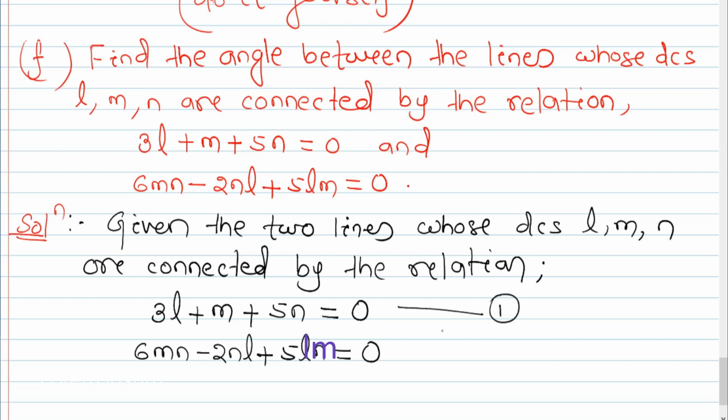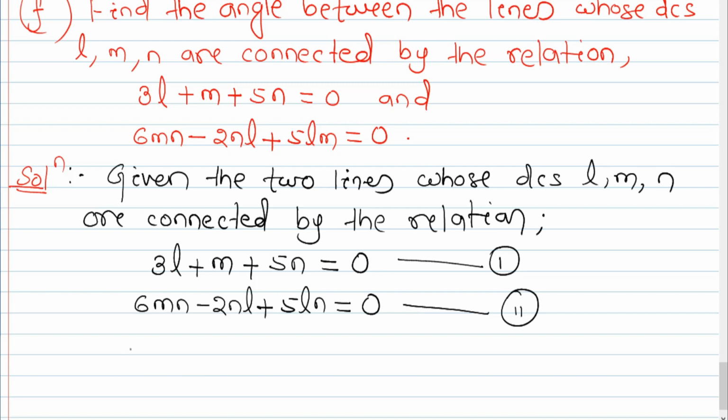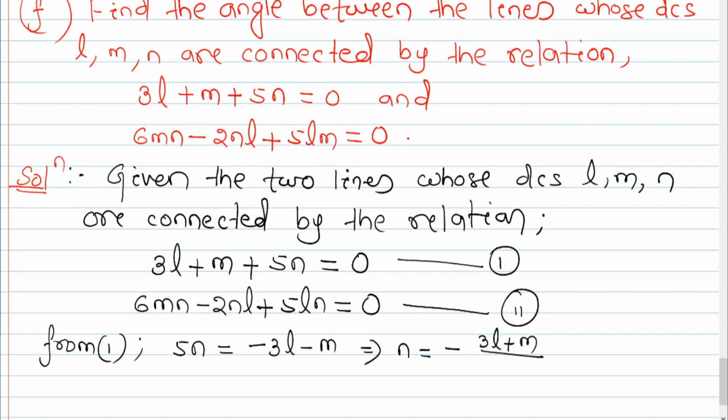This is equation number 1 and this is equation number 2. So from 1, 5n is equal to minus 3l minus m, and n is equal to minus of 3l plus m by 5.